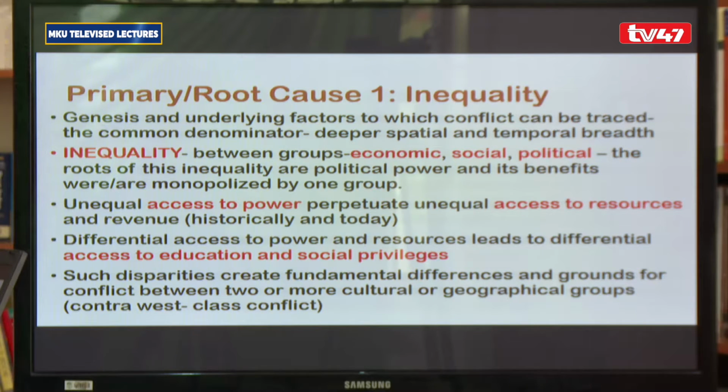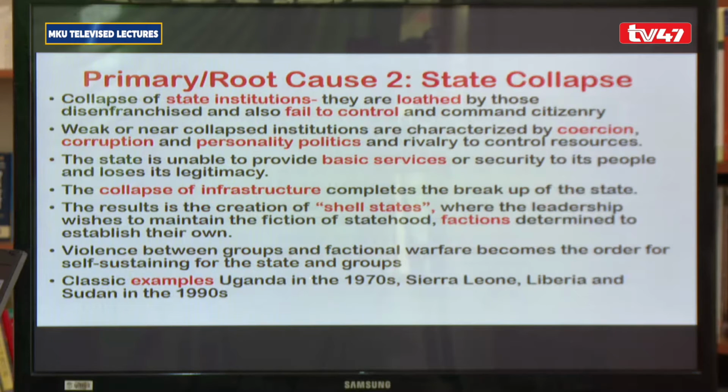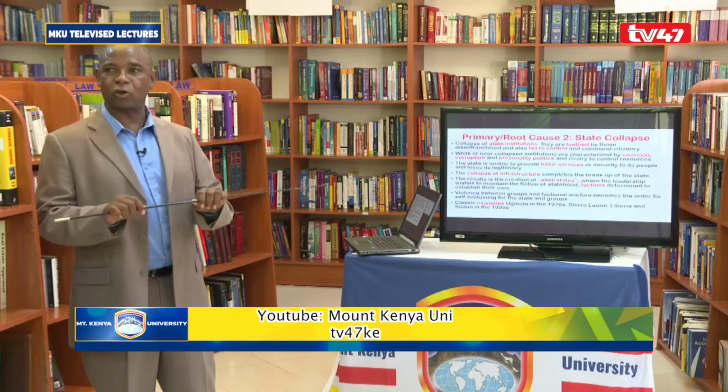The next primary cause of conflict is state collapse. The collapse of the state can be reflected in many different ways. First is the collapse of state institutions. The state has command of different institutions, especially those institutions that are important in controlling power.